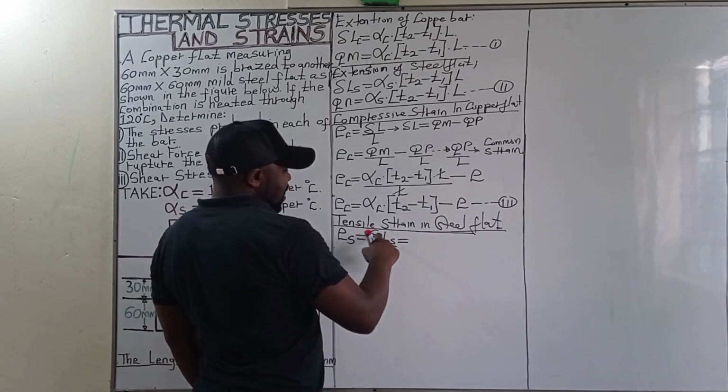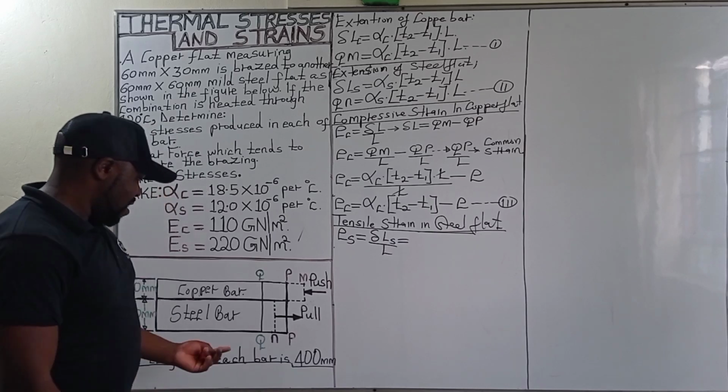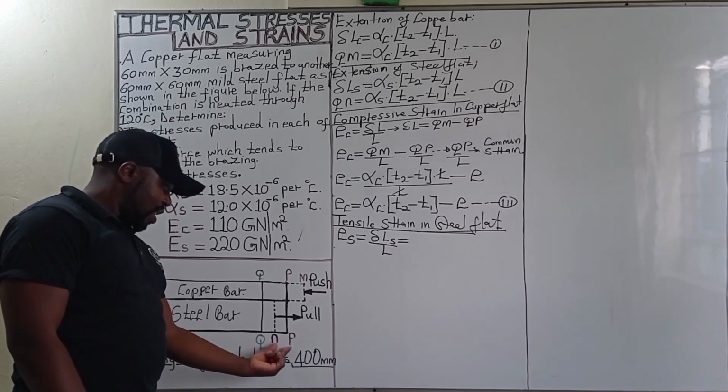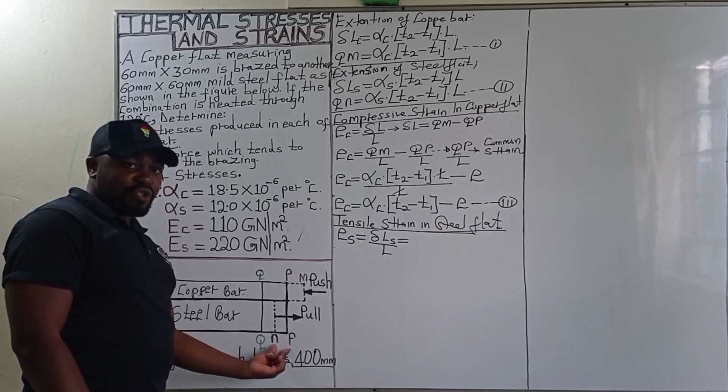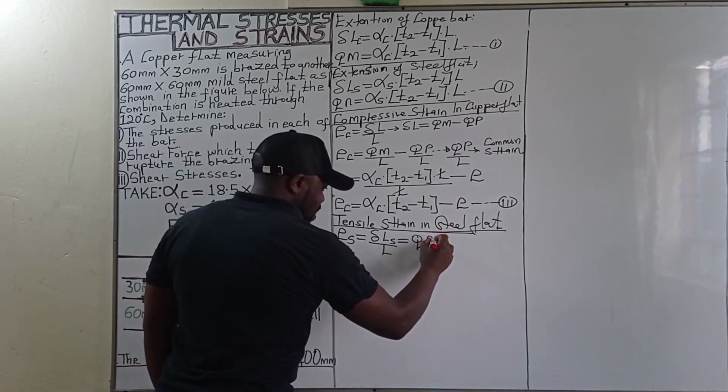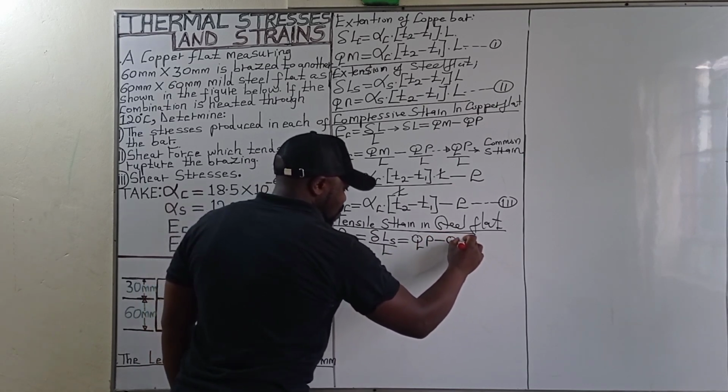So the changing length in the steel will be given by QP minus QN. So this is the changing length, N to P. So that is going to be QP minus QN.